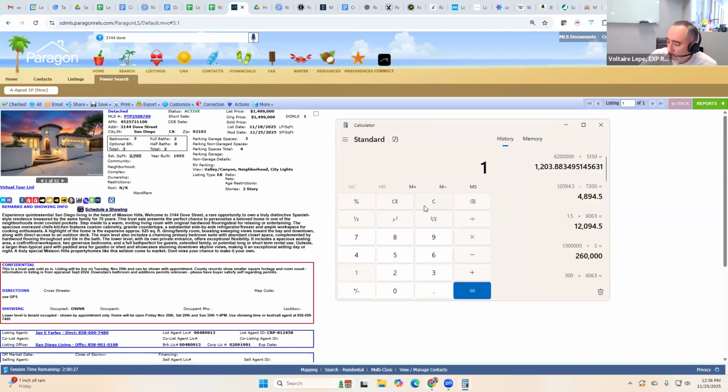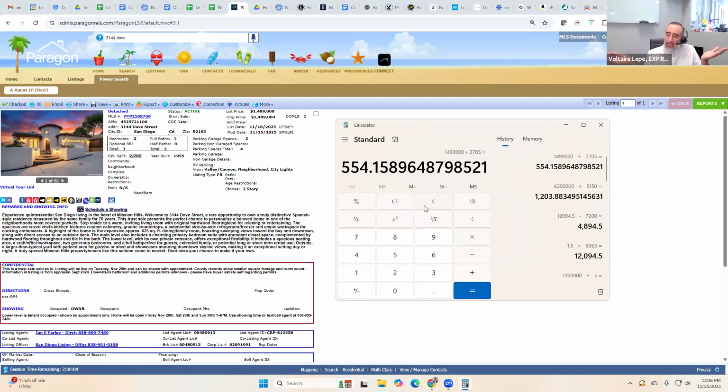That sounds pretty good. So I'm doing a price per square foot calculation divided by 2,705 square feet. That's 554 a square foot. So right off the top, I'm like, 554 a square foot in Mission Hills, that's a deal. My first rule of thumb metric says it's a good deal.